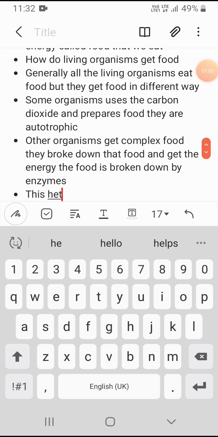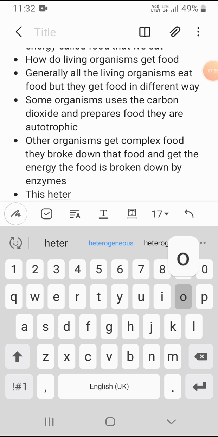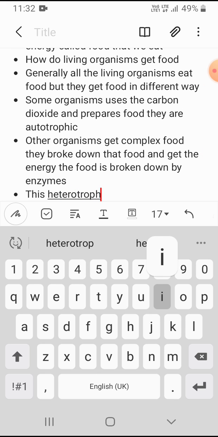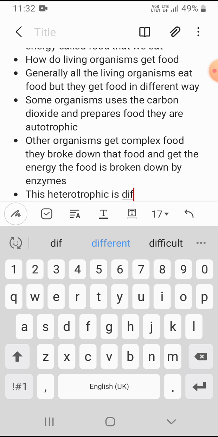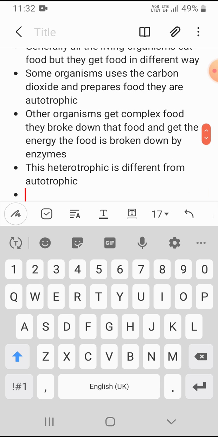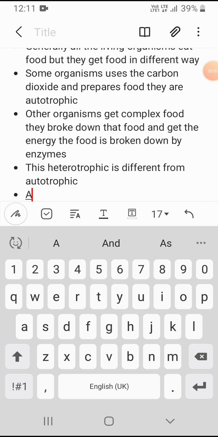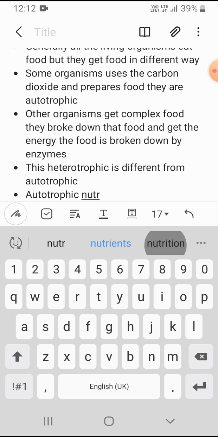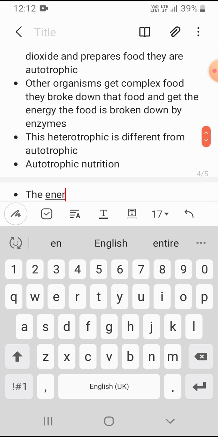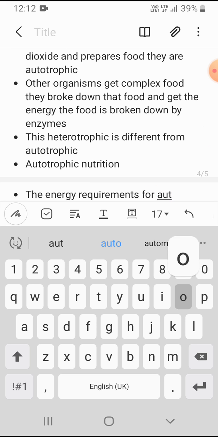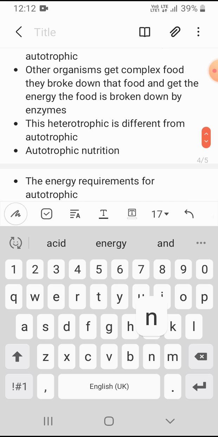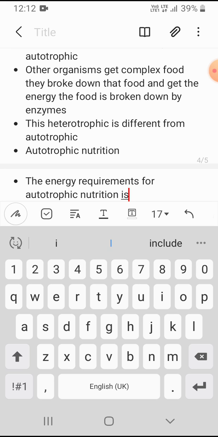Heterotrophic is different from autotrophic nutrition.